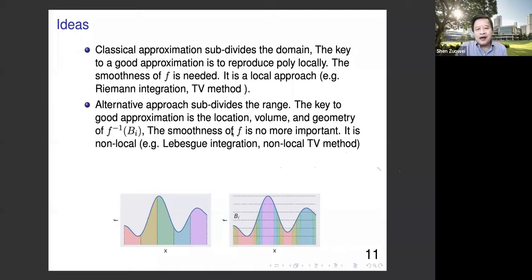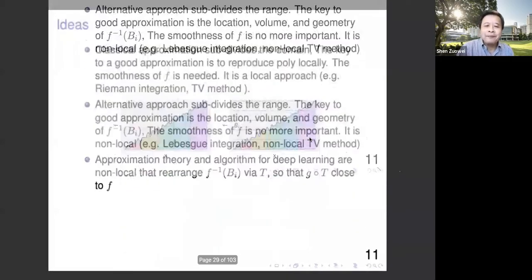But the Lebesgue integration is a subdivision in the range. Probability is related to the second approach: they only need to know the inverse, they only do the volume, and they don't care about geometry so much. In images, the wavelet method and the TV method are local approaches, and the non-local TV is essentially this approach.